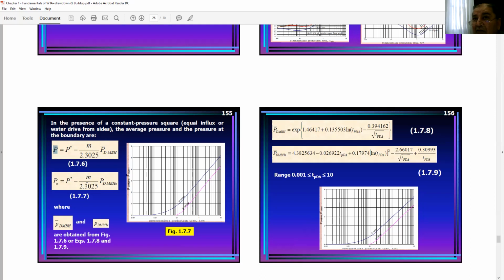PE is located at a distance more than, I think, half the reservoir radius. I'm not sure about the exact equation. Let me check this, and I will tell you exactly the difference between the average, that is P-dash, and PE. Why do we have PE? Why do we have P-dash? One minute, please. I will tell you that.